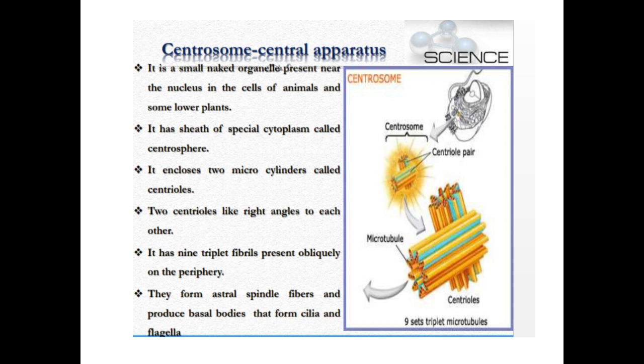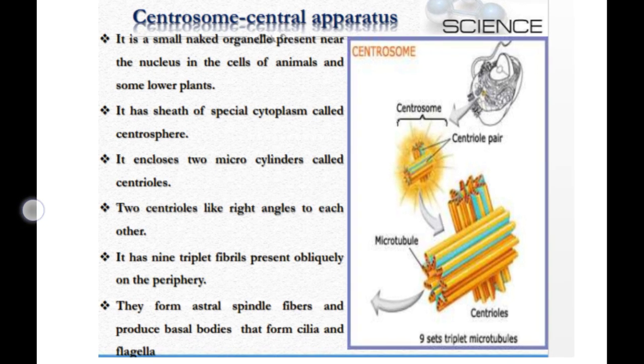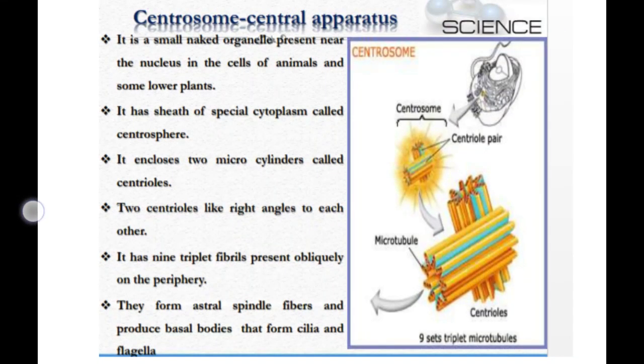It is a small naked organelle which is present near the nucleus in the cells of animals and some lower plants. So these centrosomes are present near the nucleus in a cell of animals and in some lower plants. It has a sheath of spindle cytoplasm called the centrosphere. So these are the spindle fibers, which are at a right angle. This is a right angle.